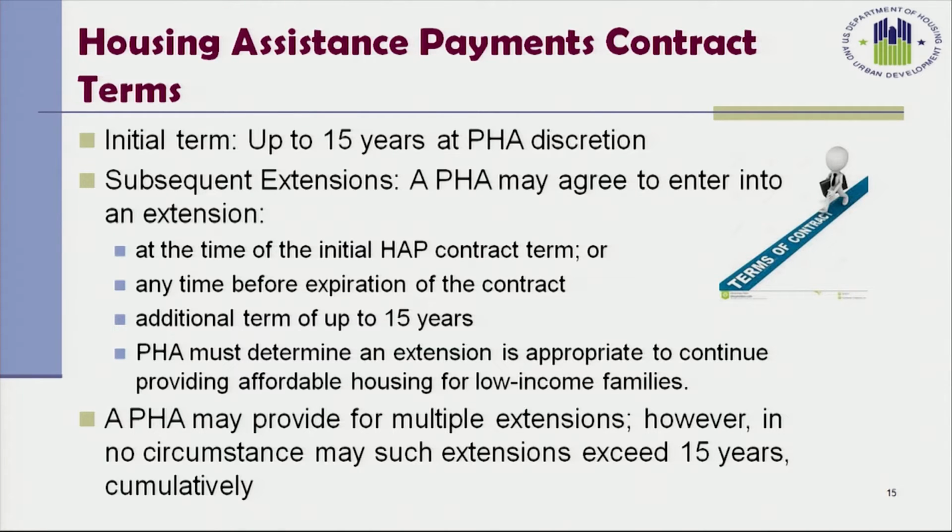The additional term can be for up to 15 years, and the PHA must determine if the extension is appropriate to continue providing affordable housing for low-income families. That is a statutory requirement. The PHA must make that determination before entering into a subsequent extension of the HAP contract. The PHA may provide for multiple extensions. However, in no circumstance may such extensions exceed 15 years cumulatively.